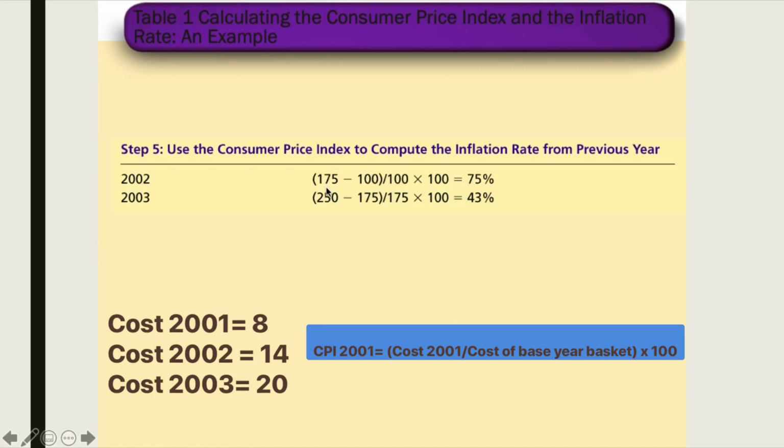So the current year 250 minus the previous year 175 divided by the previous year 175 into 100. This means that things became 43% more expensive from 2002 to 2003. From 2001 to 2002, things became 75% more expensive. So this is how you calculate inflation rate using CPI.